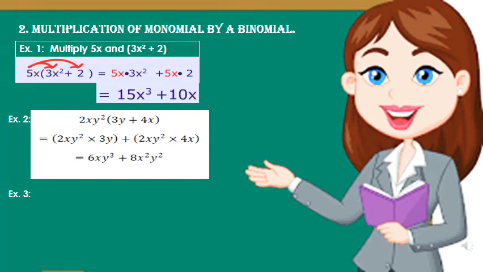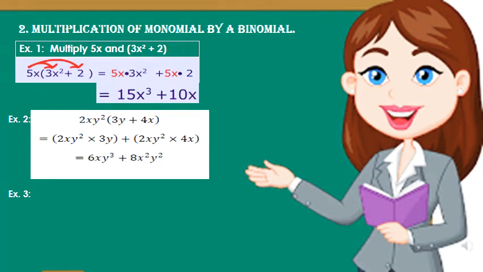So 2 into 3 is 6. x into y. You cannot multiply x and y, you can write as it is, but y square and y you can multiply, isn't it? So y square into y is going to be y cube. Since we don't have x in the 3y term, you will write that x as it is. So the product of 2xy square and 3y is 6xy cube.